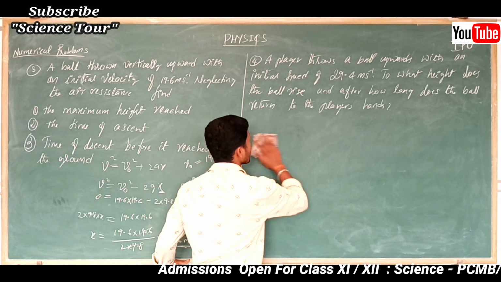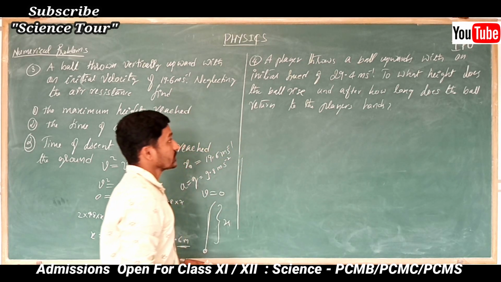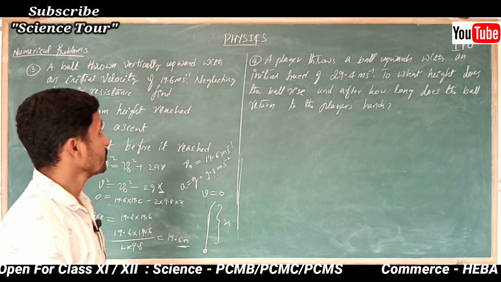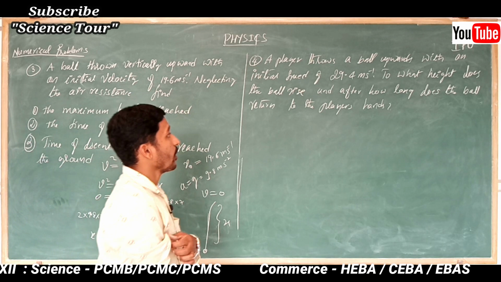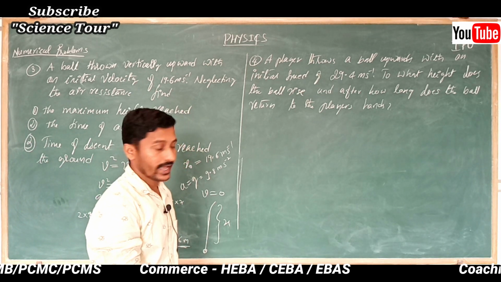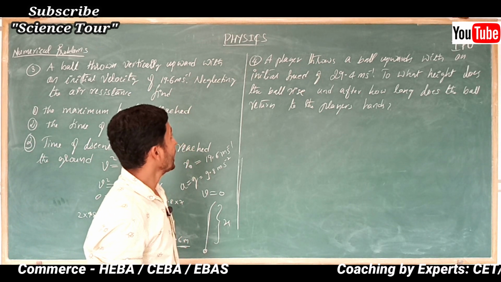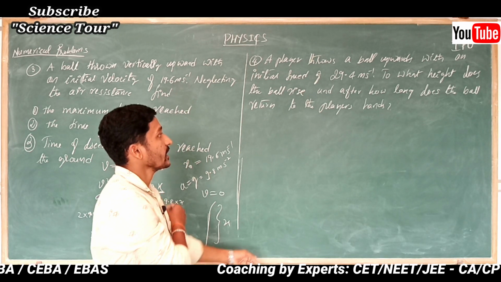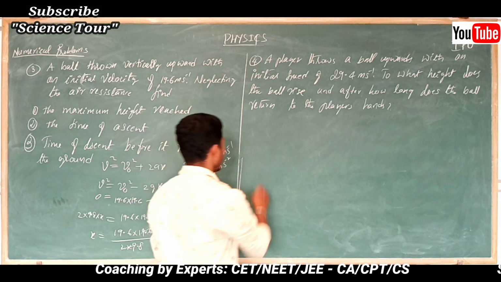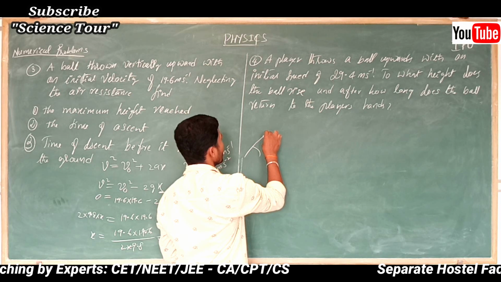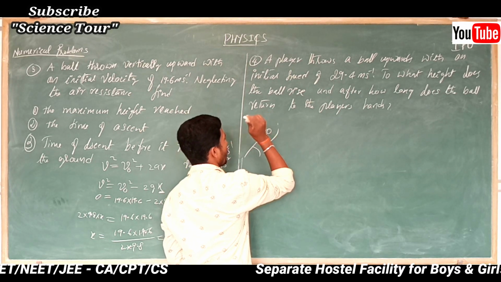Now one more thing we have to learn, that is nothing but a player throws a ball upward with an initial speed of 29.4 meter per second. So the player is there, he is going to throw the ball upward.